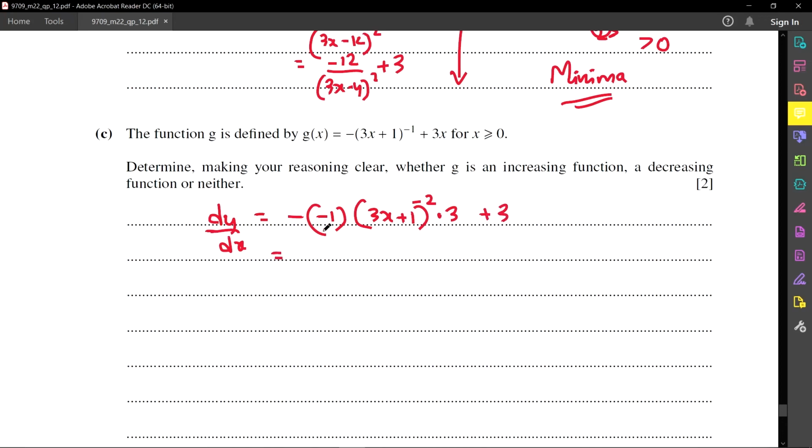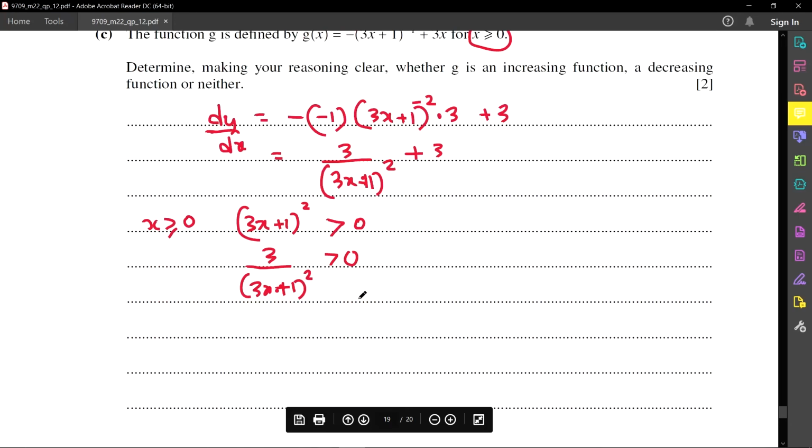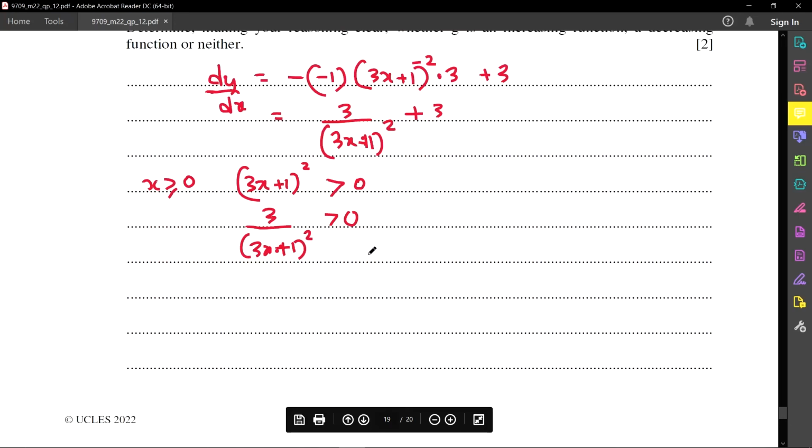So this will give you minus of minus is 3, so 3 by 3x plus 1 whole square plus 3. Now for all the positive values of x, 3x plus 1 whole square is always greater than 0, and therefore 3 divided by 3x plus 1 whole square is also positive, and you're adding 3 to it, that's also a positive quantity.